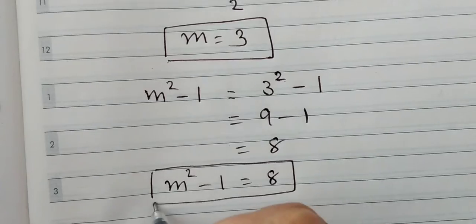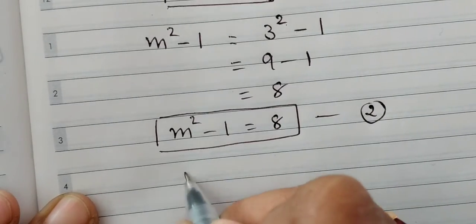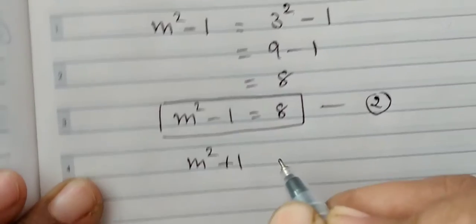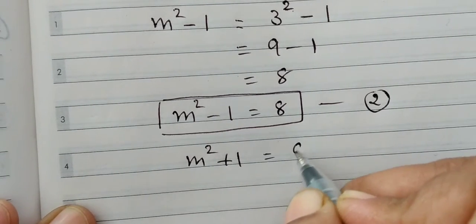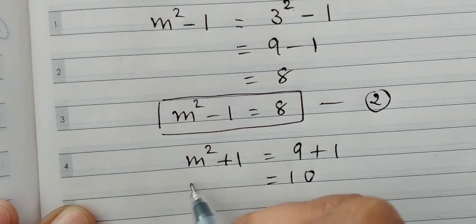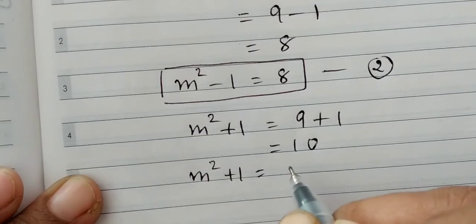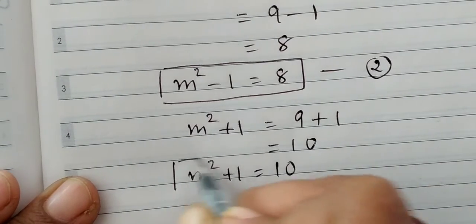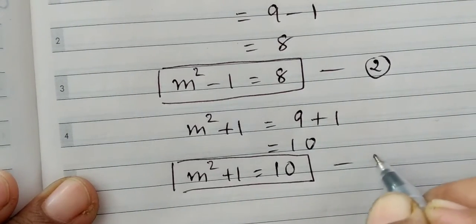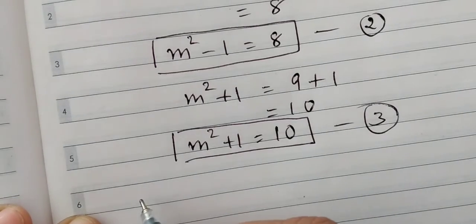We have obtained the second number also. Now we go for m square plus 1. That is 9 plus 1, that's equal to 10. Therefore, m square plus 1 we have got 10. So we got the third number of the Pythagorean triplet.